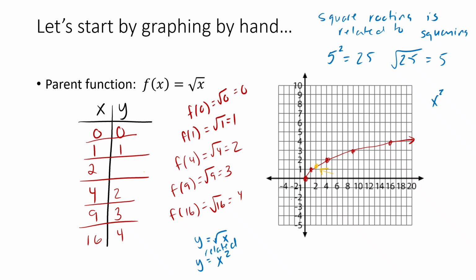The graph of squaring would be a parabola. Well, the graph of the square root is a sideways parabola, but you only take the top half of it. So what we're looking at there is actually the top half of a sideways parabola. And the reason we don't have the bottom half is that would make it not a function.